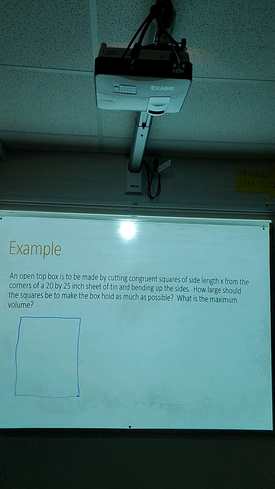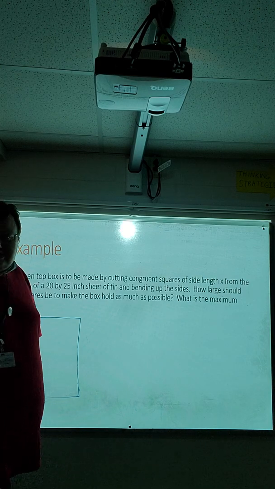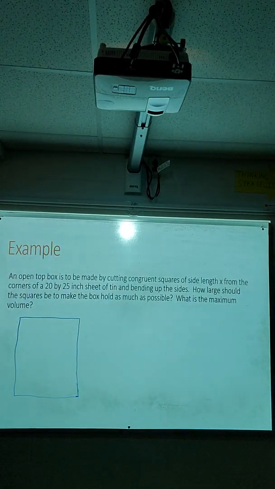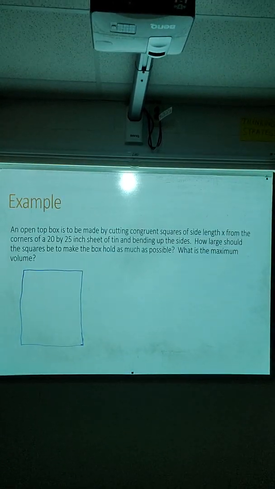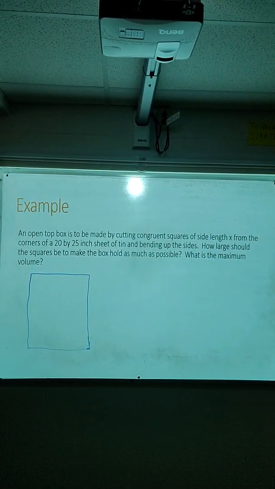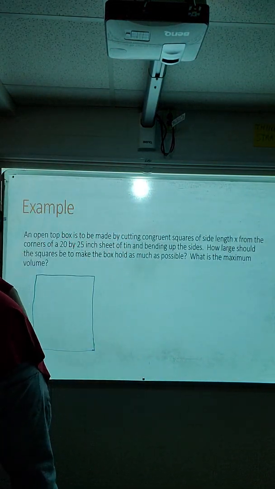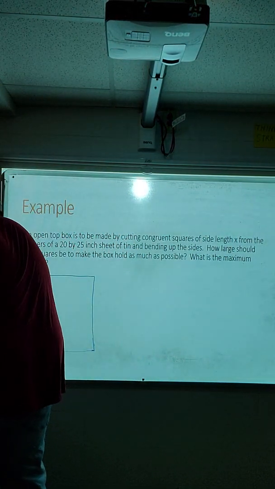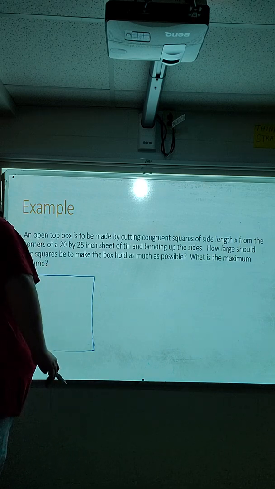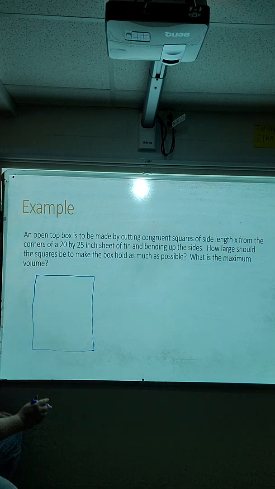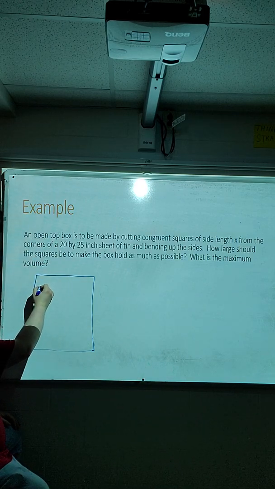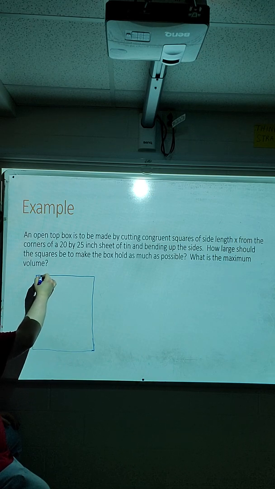All right, we've got our rectangle here, and we want to cut squares out of the corners. Congruent squares out of the corners, and they're going to have side length X.